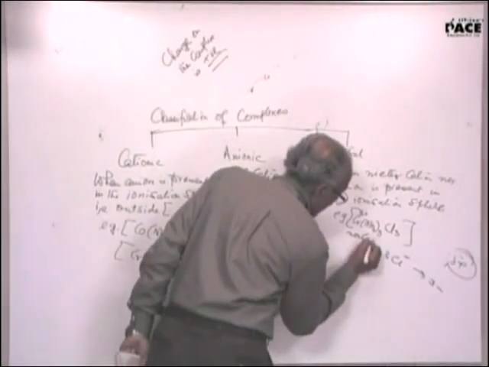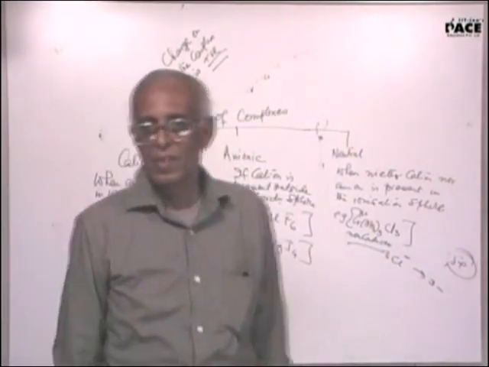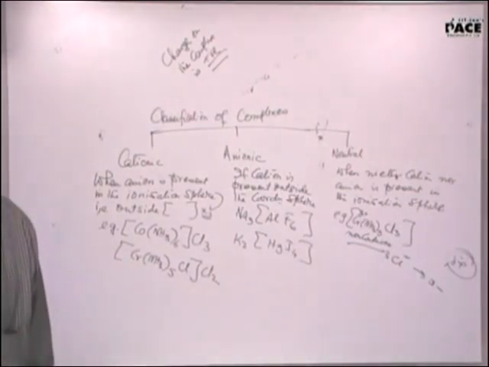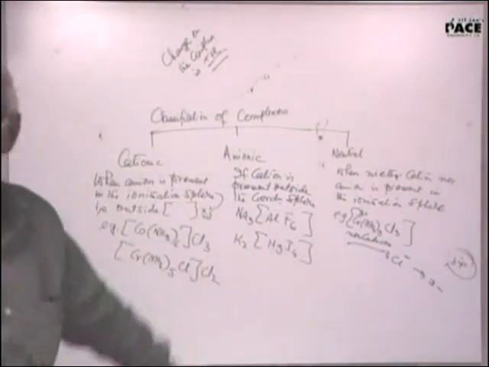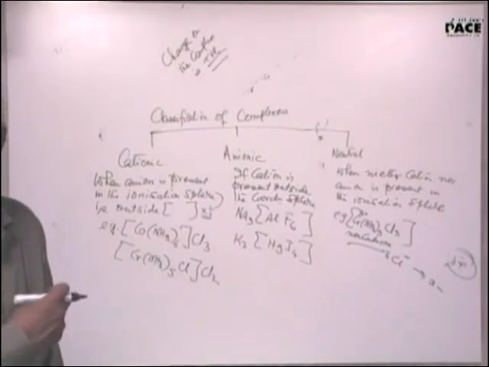There is no ion present, so it will be a non-conductor, whereas this will be a conductor. So anionic and cationic complexes will be conducting because the ions are present.